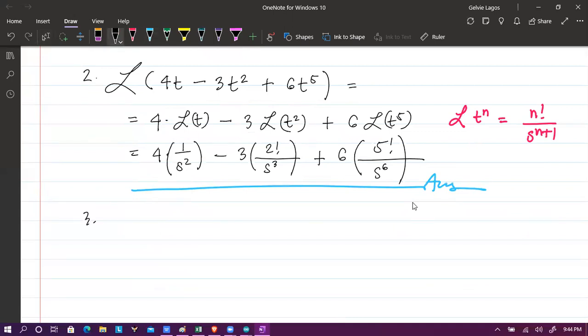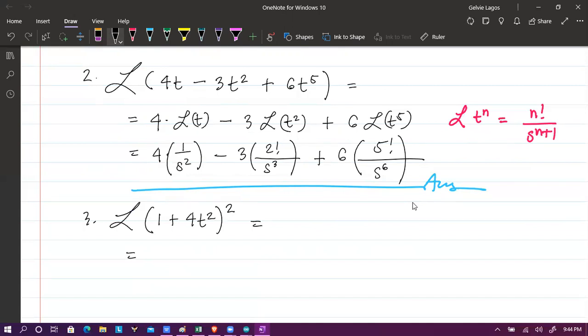Questions, I mean. So let's start with another example here. Supposing I have here 1 plus 4t squared, raised to the power of 2. So you cannot just take the Laplace transform directly, but you need to expand the terms.